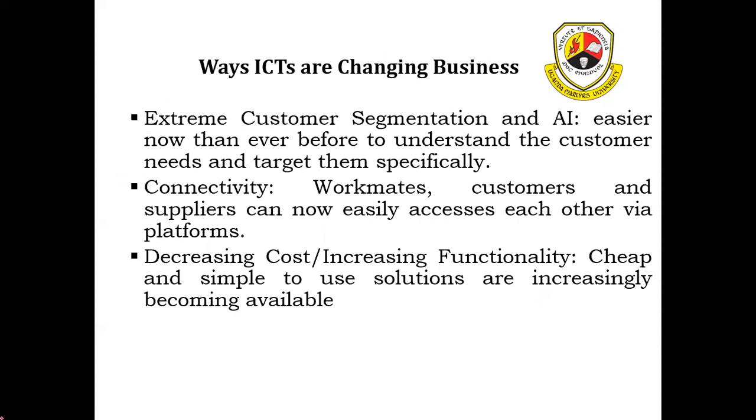What else are we now seeing? Especially with the introduction of artificial intelligence, we now have extreme customer segmentation. I don't know if some of you have DSTV services, and they are constantly talking about their new AI system, Chris, whom they're teaching to be human.